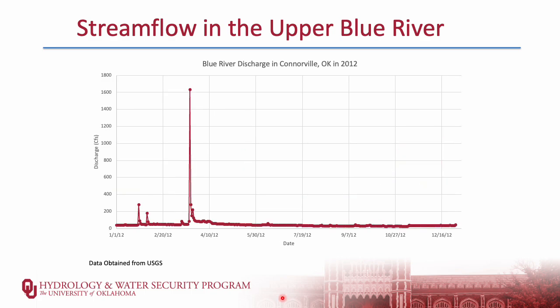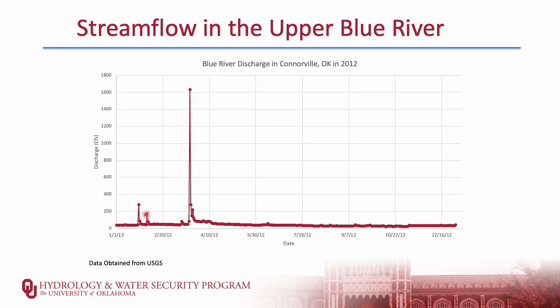And here we have the 2012 Blue River discharge values in Connerville, Oklahoma. And it mostly looks the same aside from a few outliers. Here in the early parts of 2012, there is around a 300 CFS discharge event.